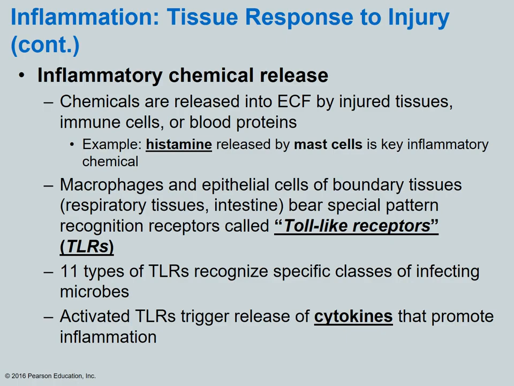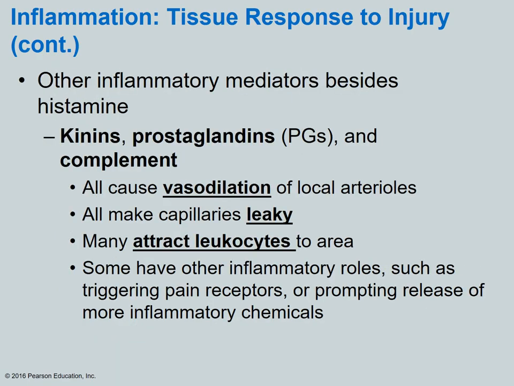What this is going to do is trigger a whole new type of response. Different receptors are going to recognize this. They're going to release cytokines that are going to help promote and increase inflammation to the area.